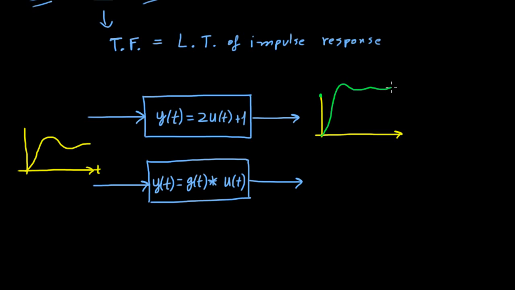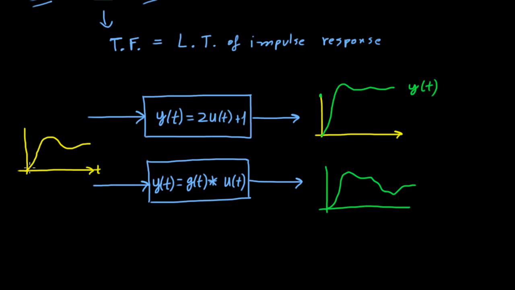Maybe this is the shape of the new output. And in the case of the dynamic system, I don't know what the output would be. Maybe this would be the output.